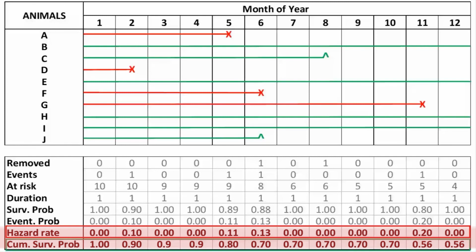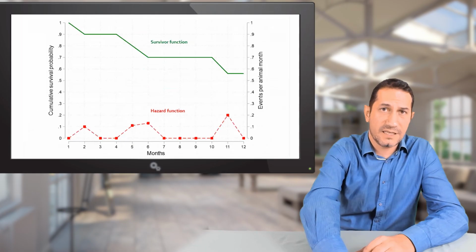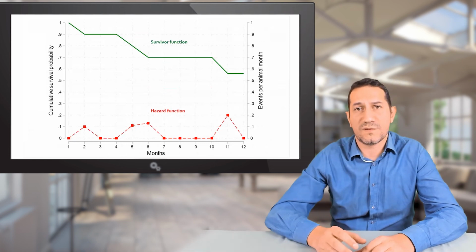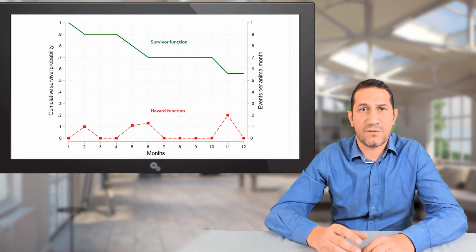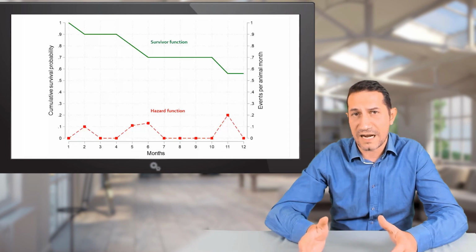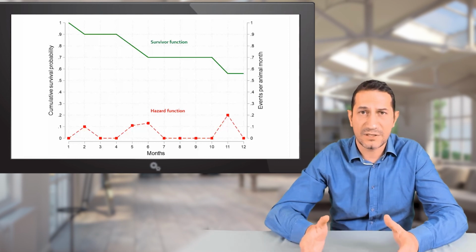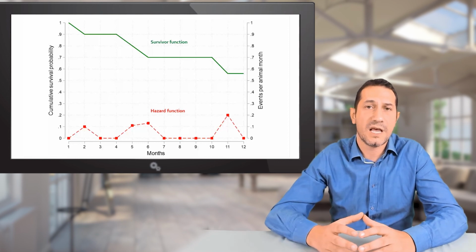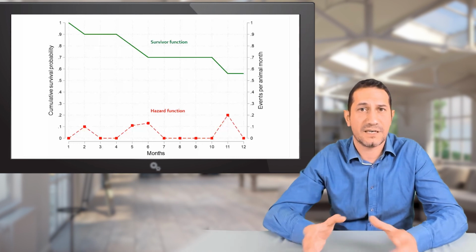We could further draw graphs about the hazard rate and the cumulative survival probability, so you'll see them depicted, and you will most often see this kind of graphs in most of the published literature for survival analysis, and you'll see many published papers, and so that's how such graphs are derived.